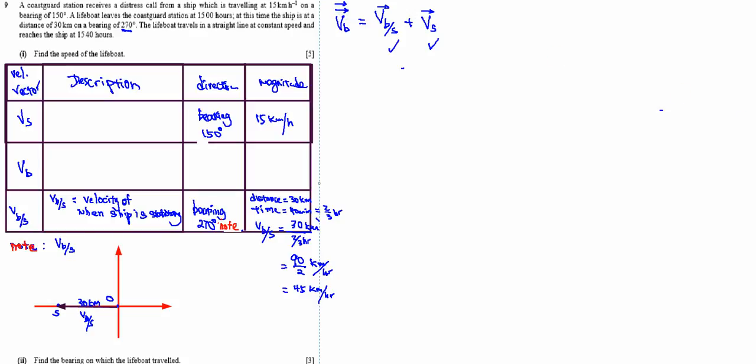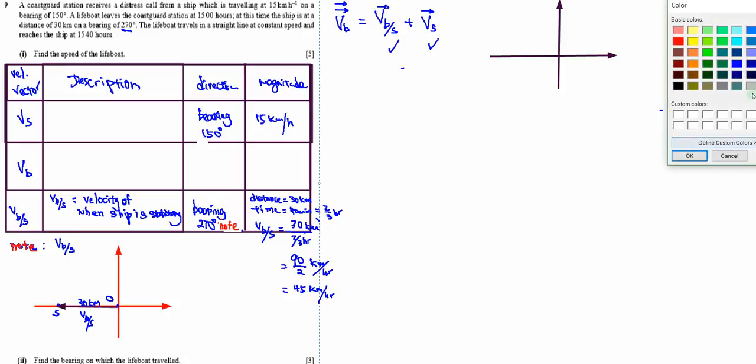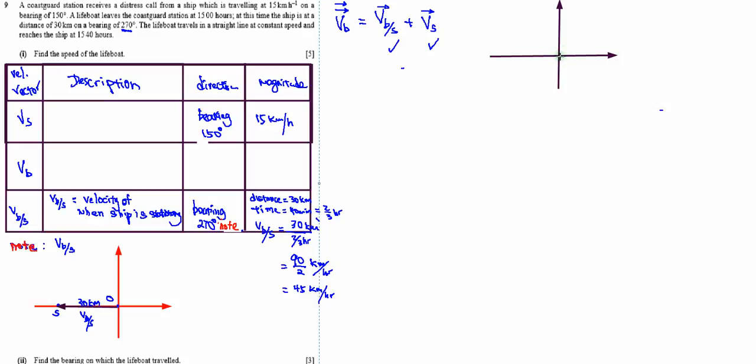Okay, let's start off drawing the velocity vector diagram. Now VBS, I explained here, is traveling in this direction. Let's turn the power to loop so that it will become obvious. So VBS, then followed by VS. VS is traveling at the bearing 150.